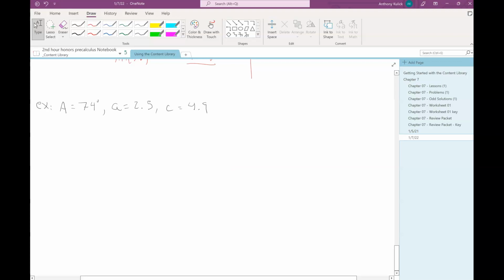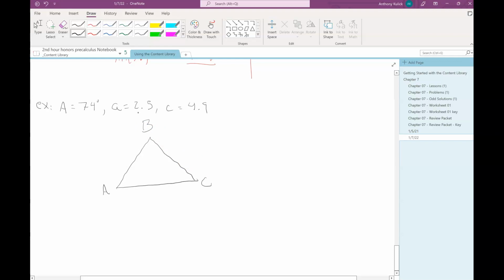So here we have a triangle whose angle A is 74 degrees, side A is 2.5 units, and side C is 4.9 units. So we'll start by drawing ourselves a picture. So obviously one angle is A, another angle has to be C because we have side C. So what should I name my other angle?